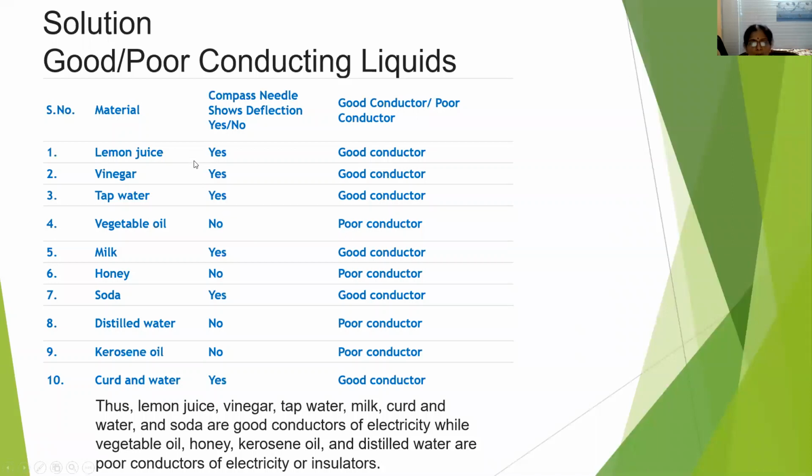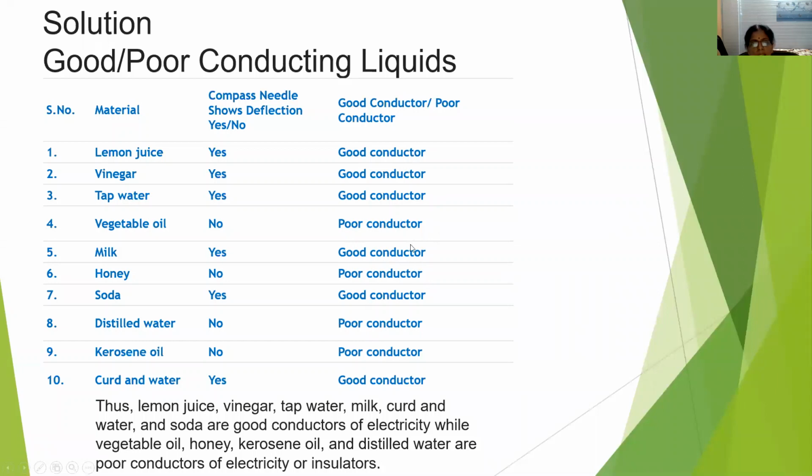So in the case of lemon juice, vinegar, tap water also, it contains some salts and minerals in it, isn't it? Tap water, then milk, soda, curd and water. In these cases, we can observe the deflection of the magnetic needle. So this shows that these liquids are good conductors of electricity.